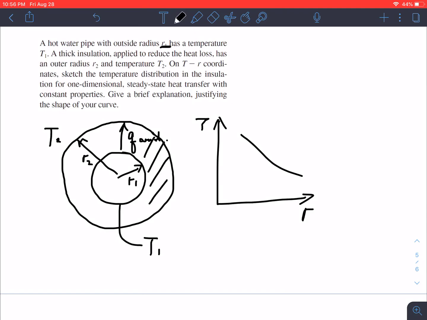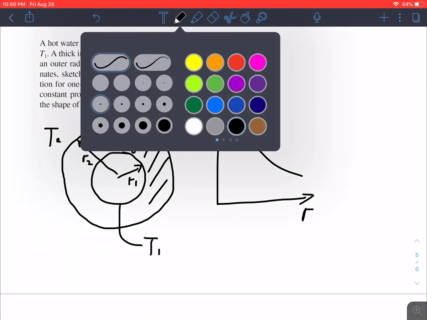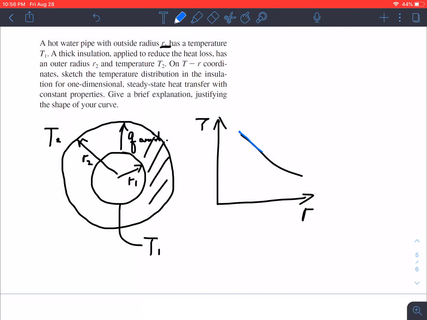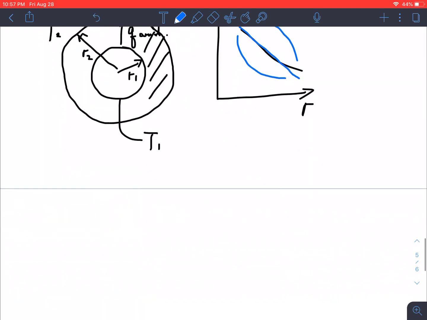But how exactly does it go down? Does it go down linearly, or curving downward, or curving upward? Then we can do an analysis like this.